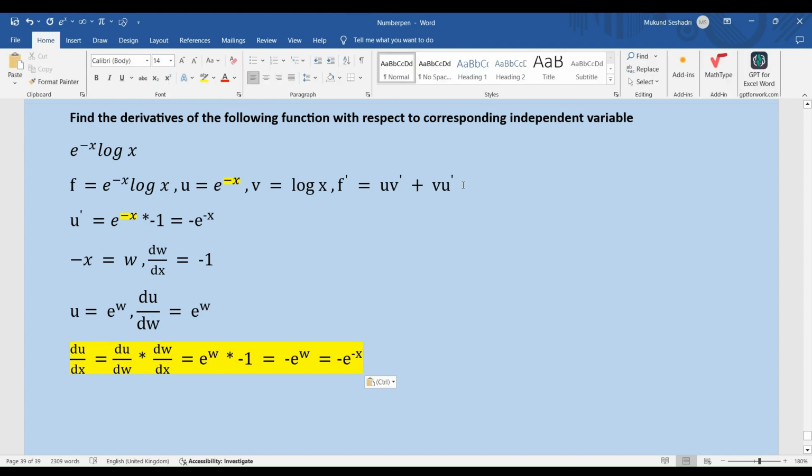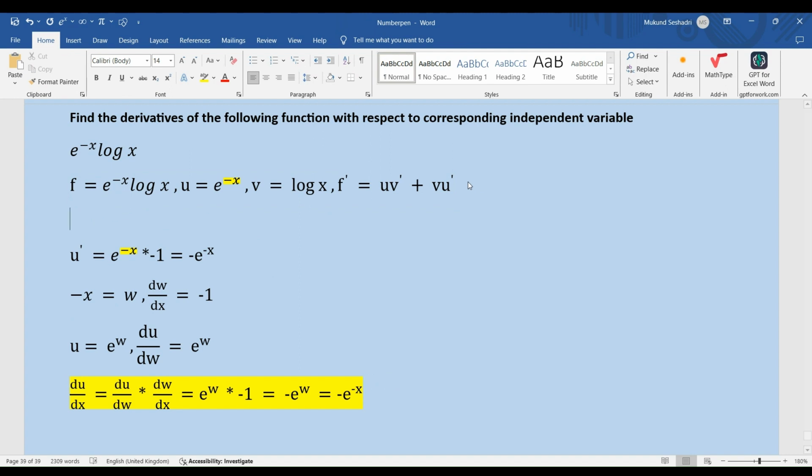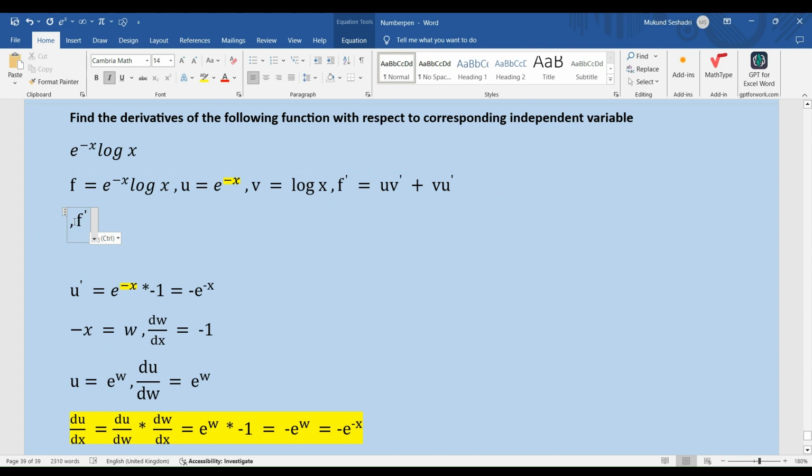I'm going back to my product rule out here, folks. I'm going to move to the next line. So my f dashed is nothing but uv dashed plus vu dashed. So what is my uv dashed, right? So my u is e to the power minus x. I copy it as it is.